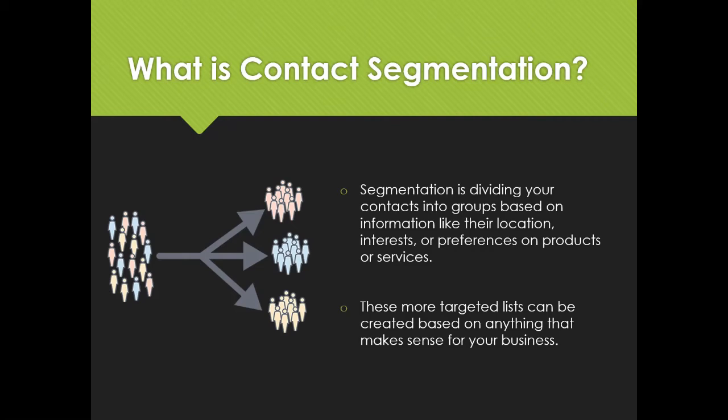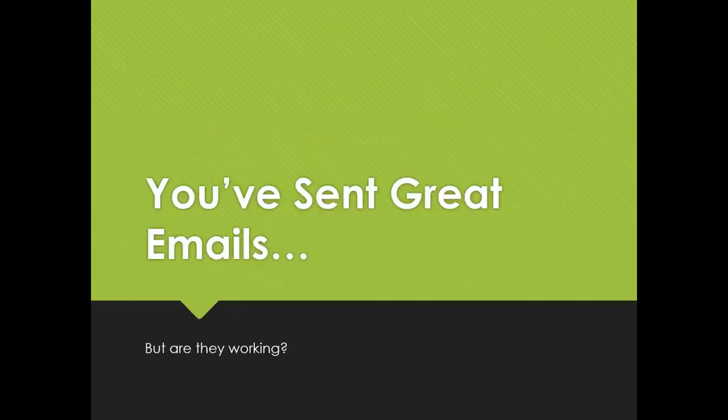I mean, you can make anything you want into a segment. Again, we will talk about that in depth a little bit more. If you're interested in that topic right now, you can go to Constant Contact and search in their help bar, contact segmentation. They've got some great tutorials that you can follow and really catch on pretty quick.